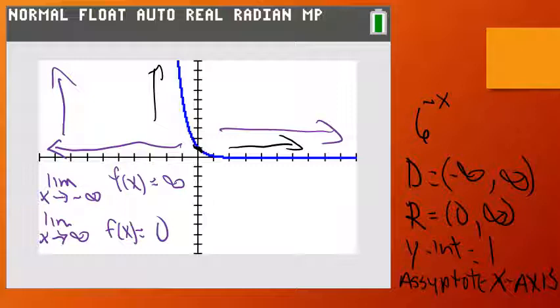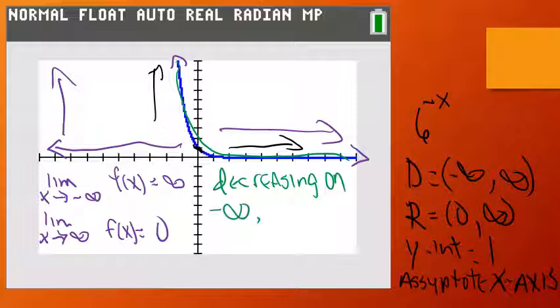Unlike end behavior, where we're looking at the ends, here we're just simply tracing our graph, and if we do that, we can see that it is decreasing on negative infinity to positive infinity. Okay, there we go. There is 6 to the negative x. We'll look at a couple more.